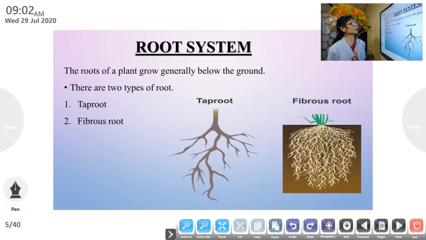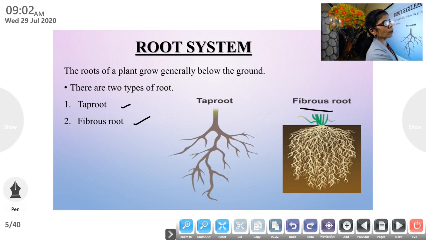Then you studied the root system. We know that the root system grows below the soil and it has mainly two types, that is taproot and fibrous root. This is the picture of taproot and this is the picture of fibrous root.